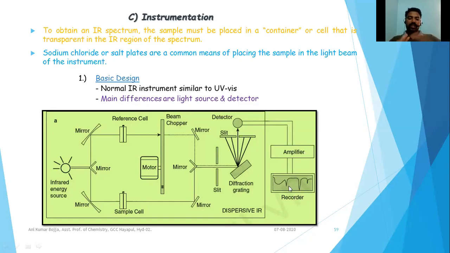This block diagram gives the information regarding how many different processes the light is undergoing.